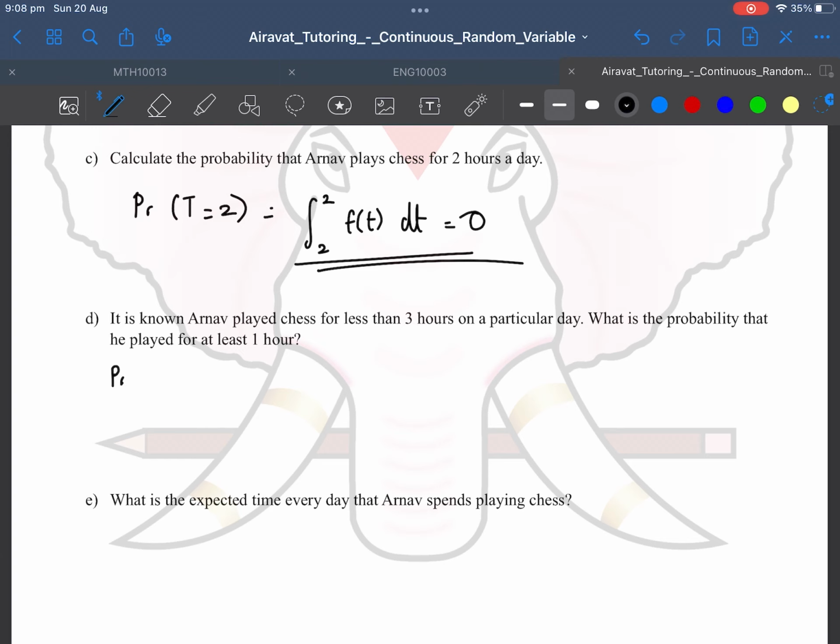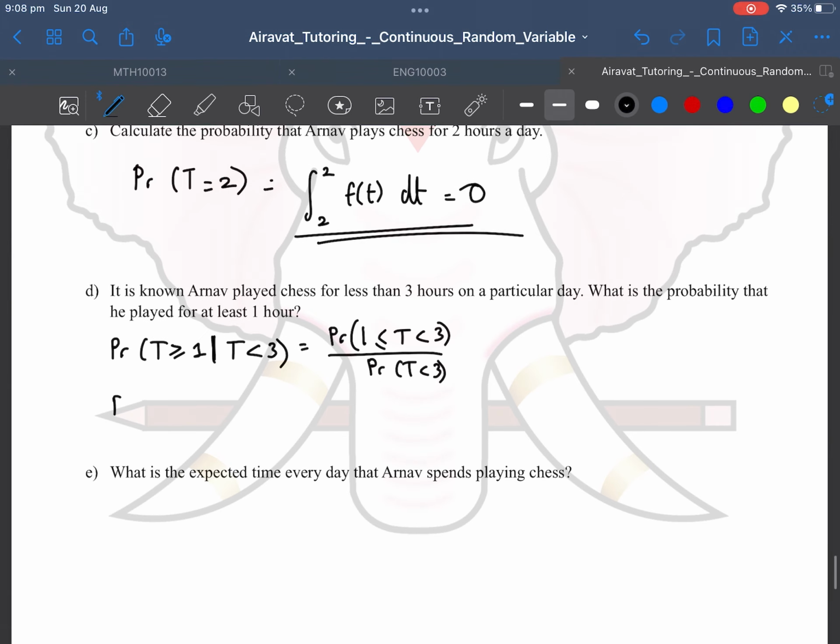Okay. Probability that he played for at least 1 hour, given that he plays less than 3 hours. This is the hardest part done. Okay, and now this is just going to equal the probability of 1 less than or equal to t less than 3, divided by the probability of t less than 3.